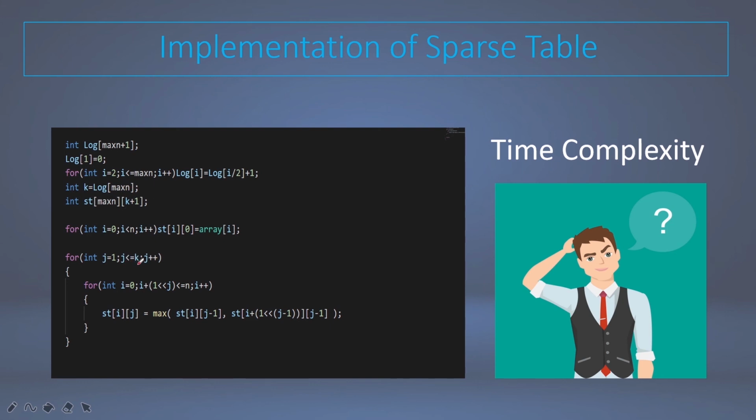You know that this is actually the length of the binary representation of any number, which is log n, right? So it is traversing log n length, and here I am traversing n length, right? So the overall complexity will be n log n. To build a sparse table we need n log n time complexity.